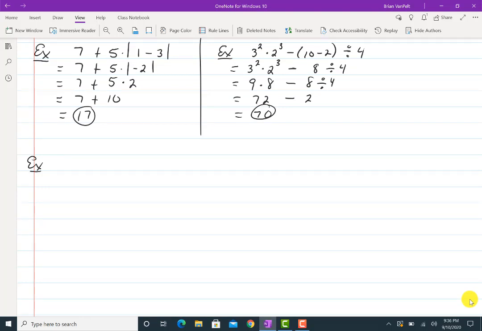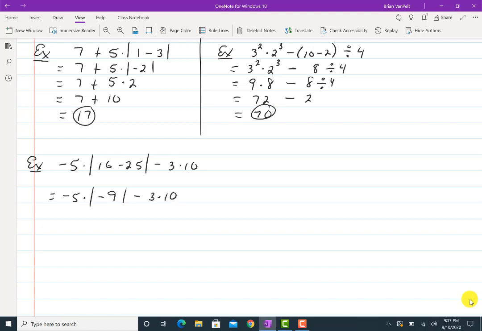Next, I'm going to do negative 5 times the absolute value of 16 minus 25 minus 3 times 10. And so once again, I'll do the absolute value first since it's like parentheses. 16 minus 25 is negative 9.